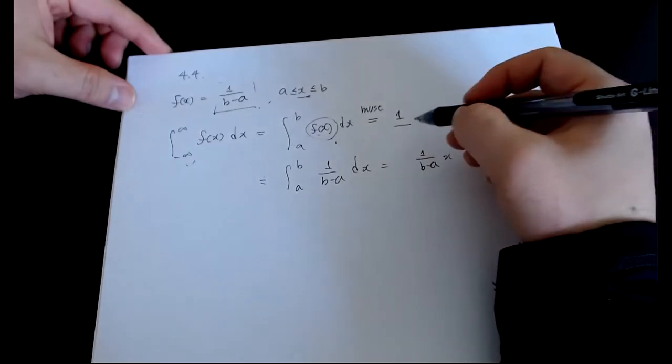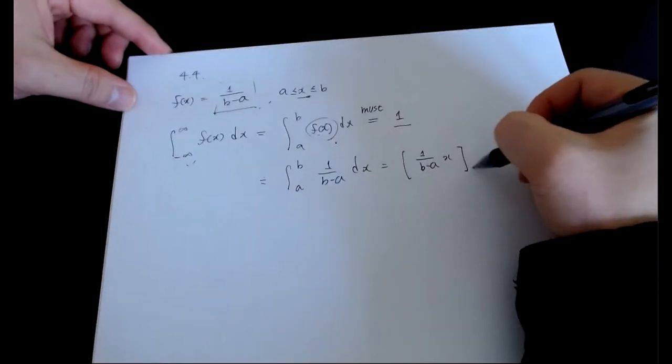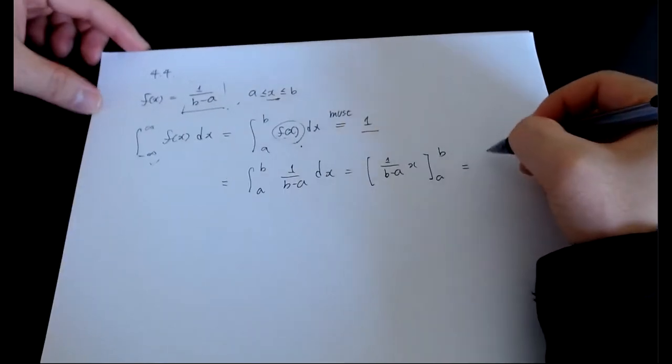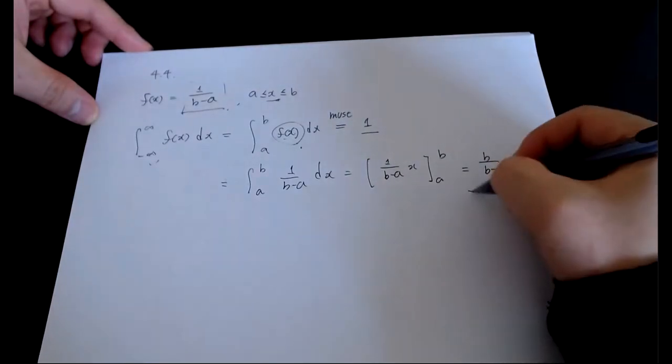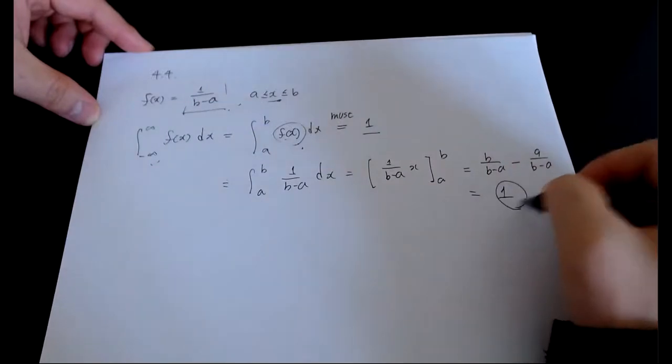Evaluating from a to b, that is equal to b over b minus a minus a over b minus a, which is equal to 1, right? So now we got 1.